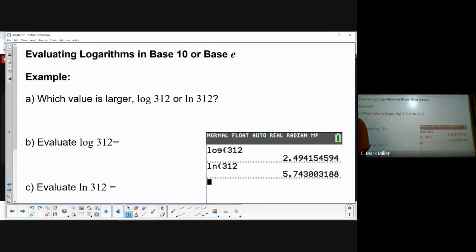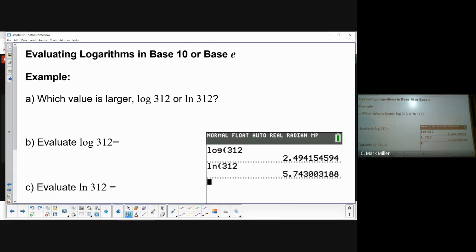Which is going to have to be raised to a higher power to equal the same thing? 2.7 or 10? You're going to have to raise 2.7, e, to a higher power to equal 312 than you will have to raise 10 in order to equal 312.